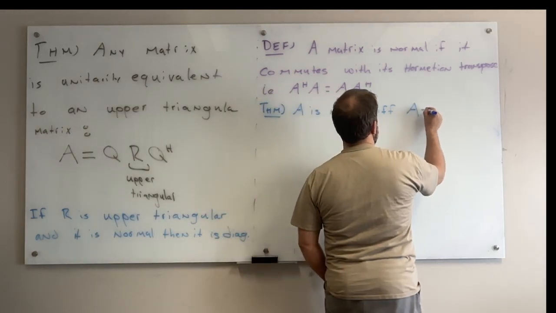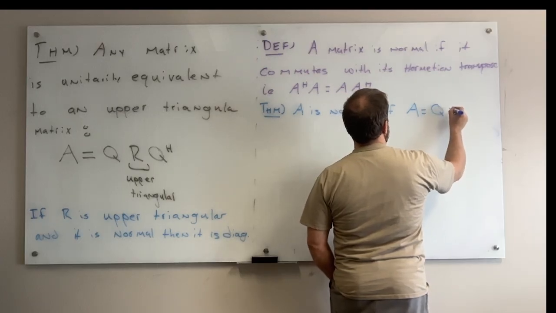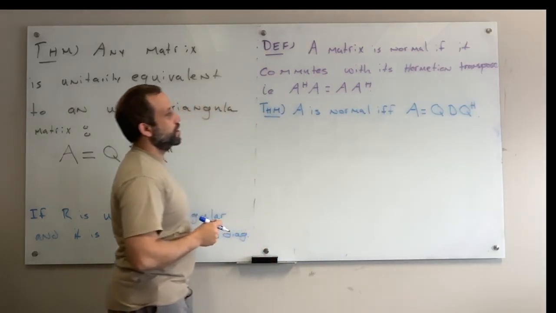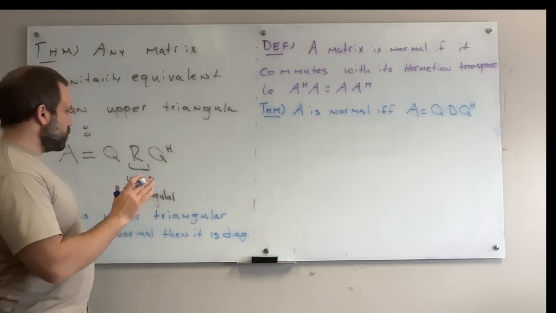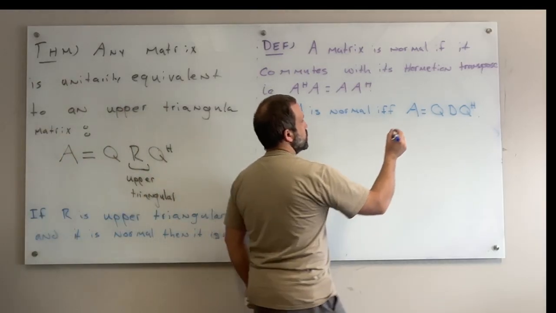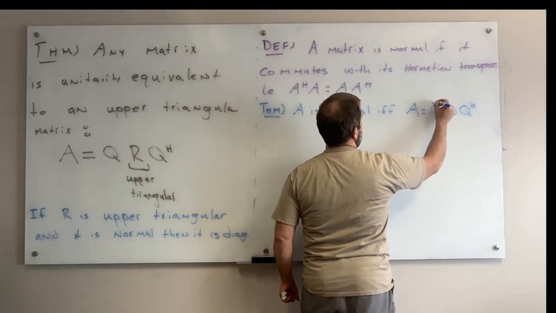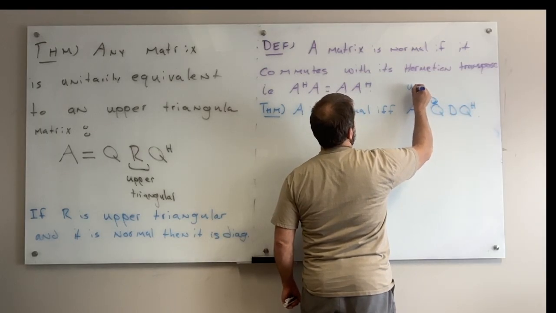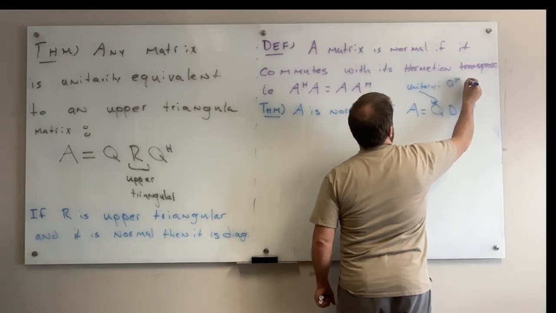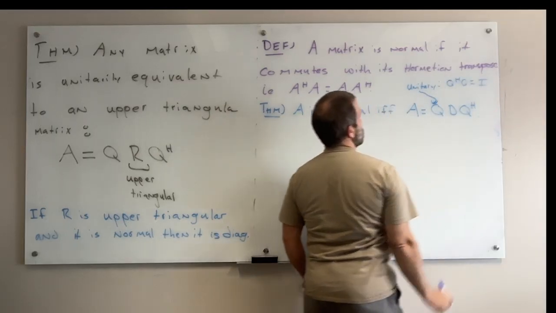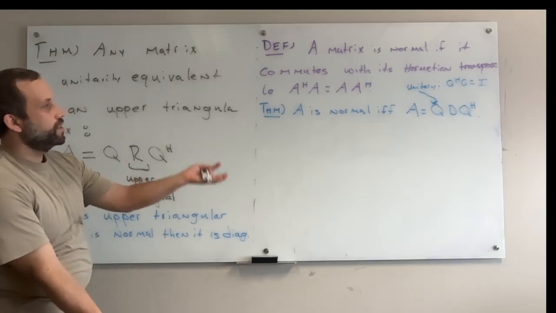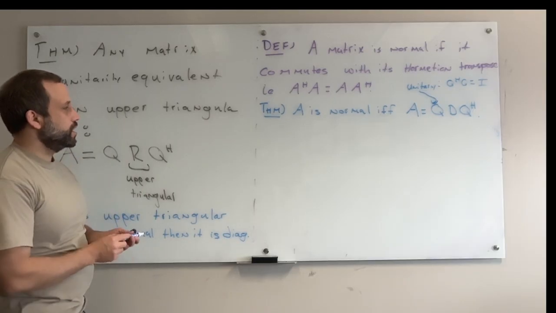So if and only if A is equal to Q times D times the Hermitian transpose of Q. So the theorem says A is normal if and only if it is unitarily equivalent to a diagonal matrix. D here is diagonal, and Q is unitary, meaning Q^H Q is equal to the identity matrix. And because we're in this context, all of these are square matrices, n by n matrices.